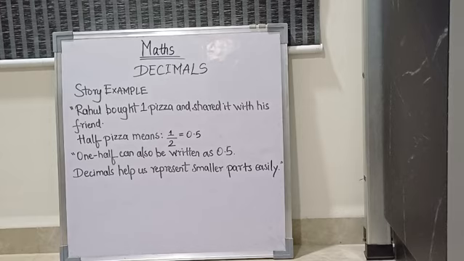Its decimal value is 0.25. 250 grams in decimal is written as 0.25, that is 1/4 of 1 kg. Okay, so it's 0.25 kg, not grams. Grams will be 250 grams, but when I talk in kg, it's 1 by 4 of 1 kg. So that comes out to be 0.25 kg, not grams.